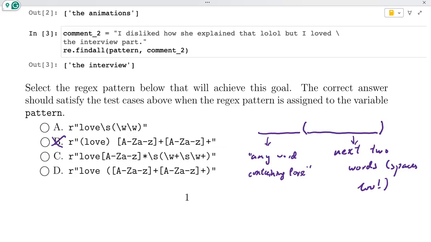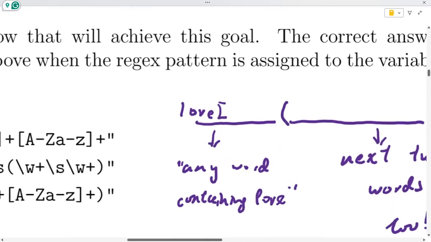So first let's try to find a pattern that matches any word containing love. There can be alphabets preceding or coming after the characters LOVE, which you can just write directly. The characters that come after love are usually alphabets, so it's something like this. When you have a dash in a character class, it means from the previous character to the next character after the dash based on their ASCII code.